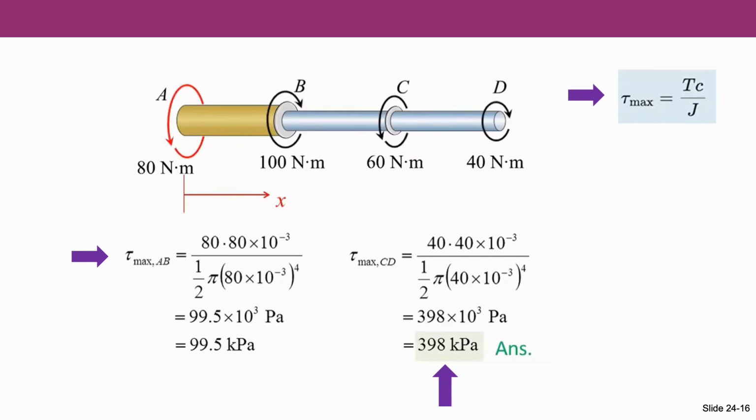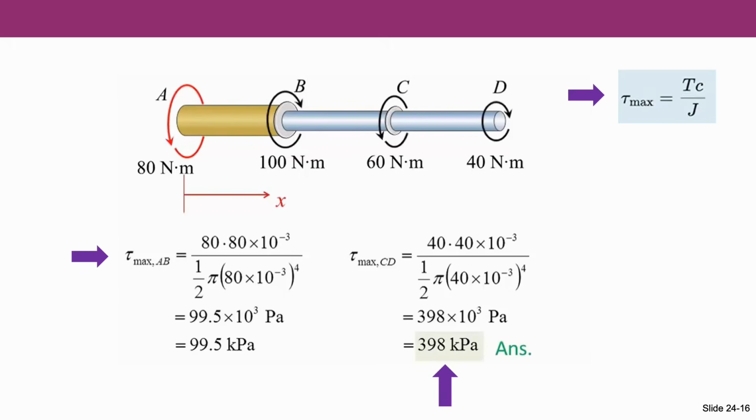When we analyze the internal torque diagram and the polar moment of inertia of each section, it is clear that the maximum shear stress, tau max, would occur either in the AB part or CD part. Now we will calculate them by using the torsion formula. Tau max is equal to Tc over J. T represents the internal torque, c is the corresponding radius, and J is the polar moment of inertia.